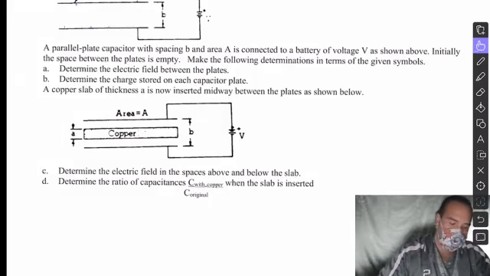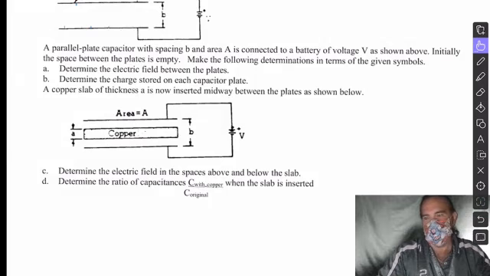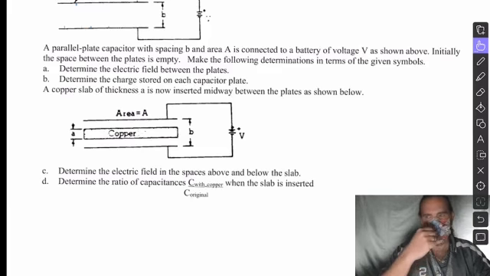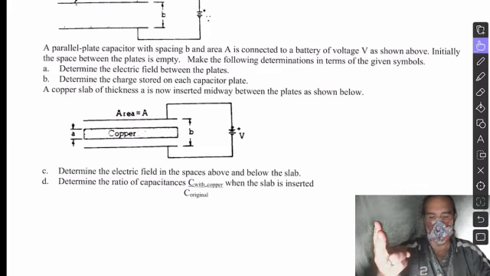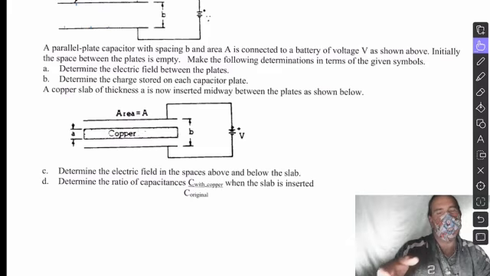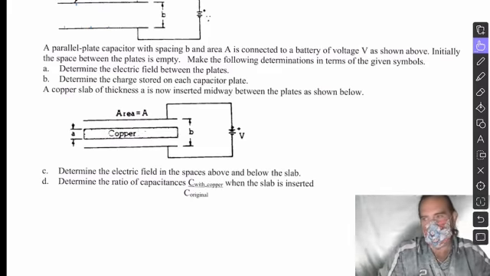One, the dielectric has polarized molecules, which means they have a positive and a negative end. Thing two, those polarized molecules align themselves with the applied electric field.